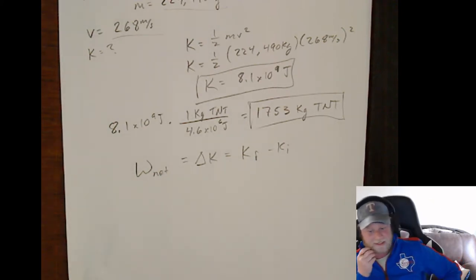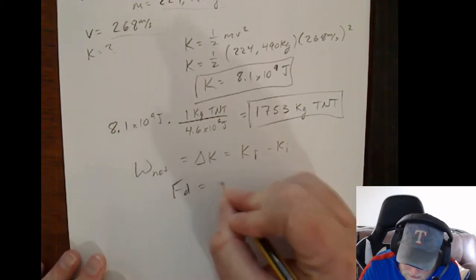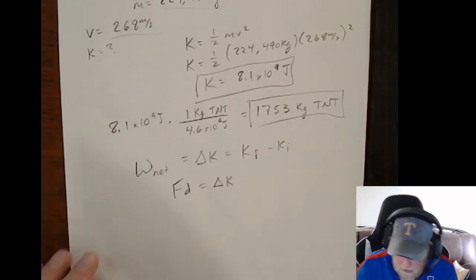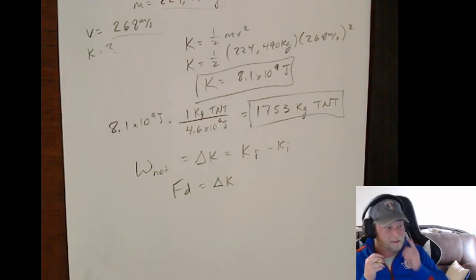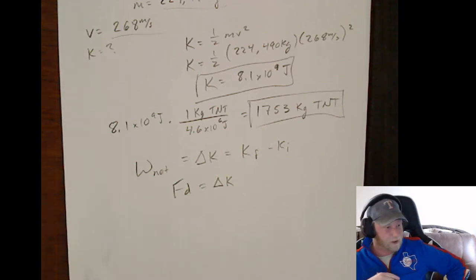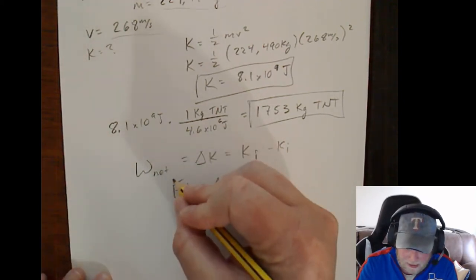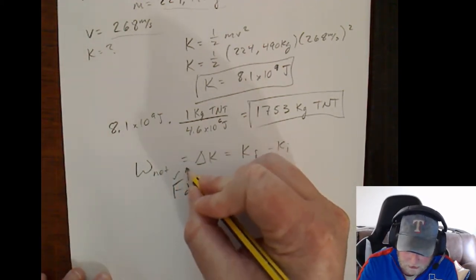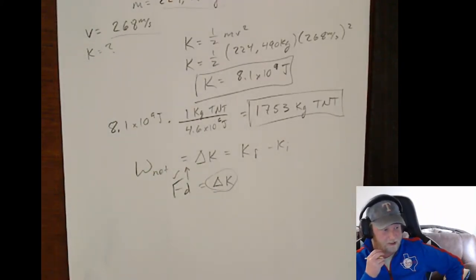Now, this has a lot of common ground with the impulse momentum theorem that we talked about last unit in momentum. Think about, say, let's go back to the fastball pitcher we talked about in the impulse momentum theorem. If you can apply a constant force over a huge distance, you can change the kinetic energy to a much greater degree, right?